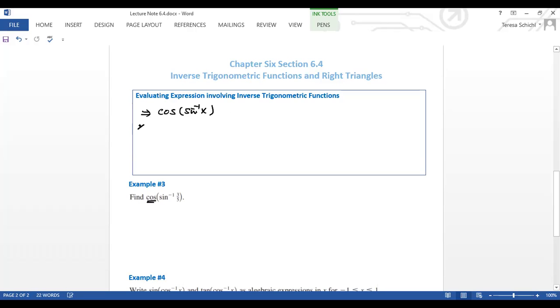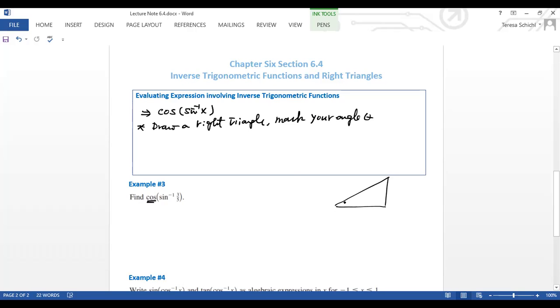First, to do this type of problem, you draw a right triangle. Okay, so now you draw the right triangle here and mark your angle theta.